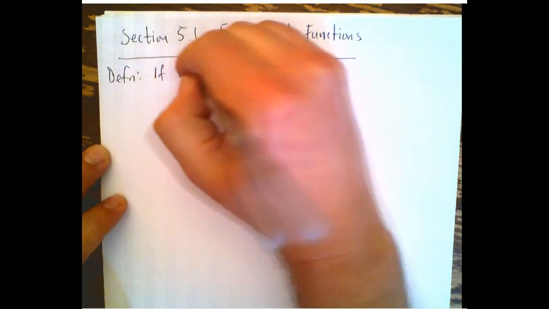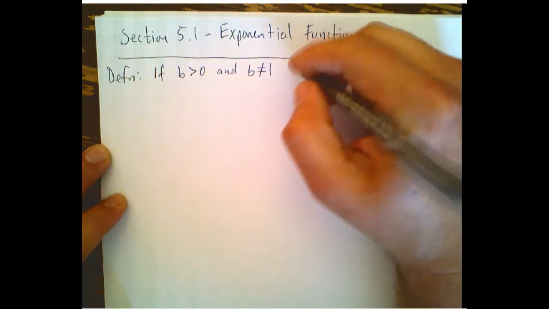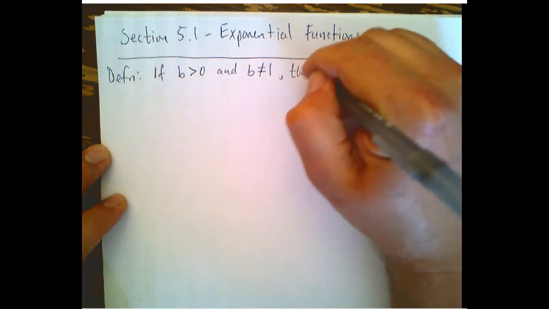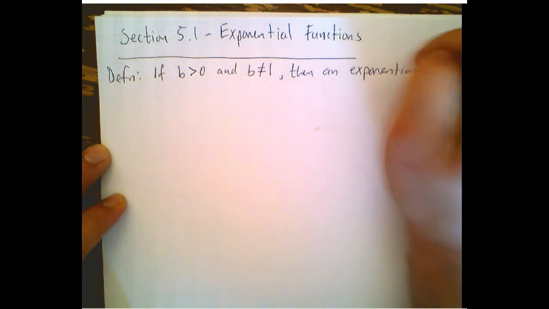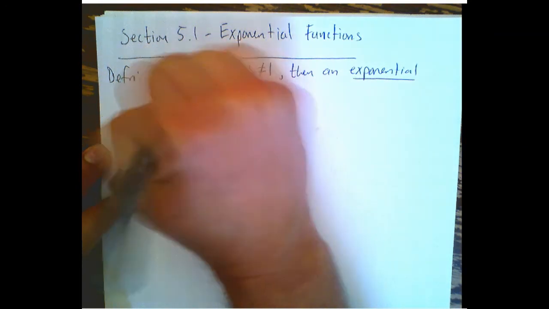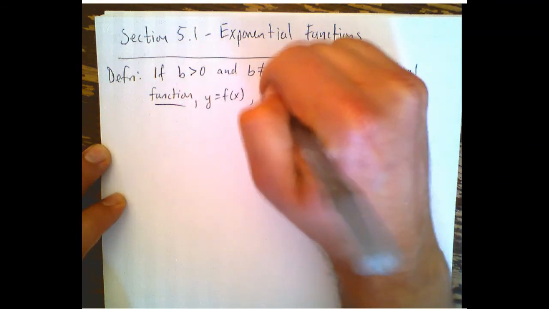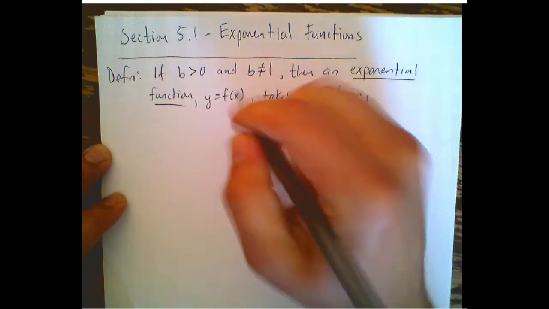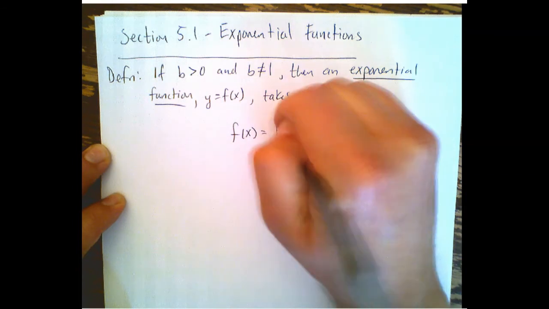If b is greater than 0 and b not equal to 1, then an exponential function y equals f of x takes the form f of x equals b to the x.